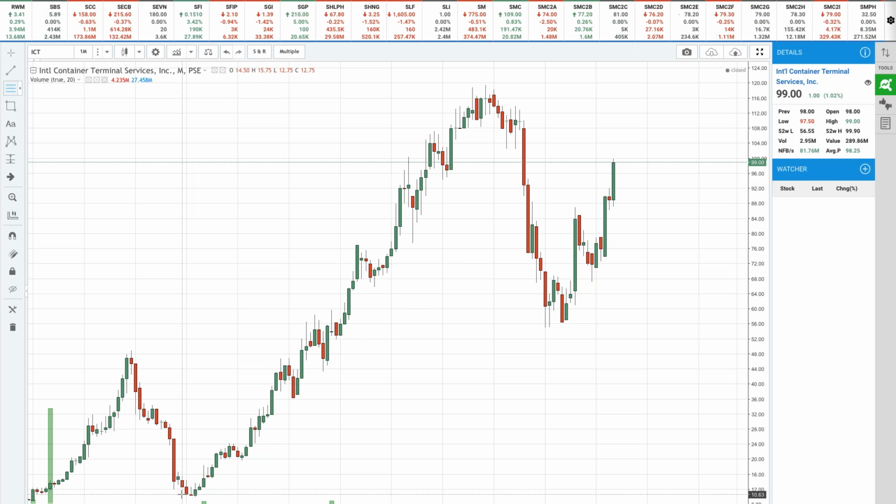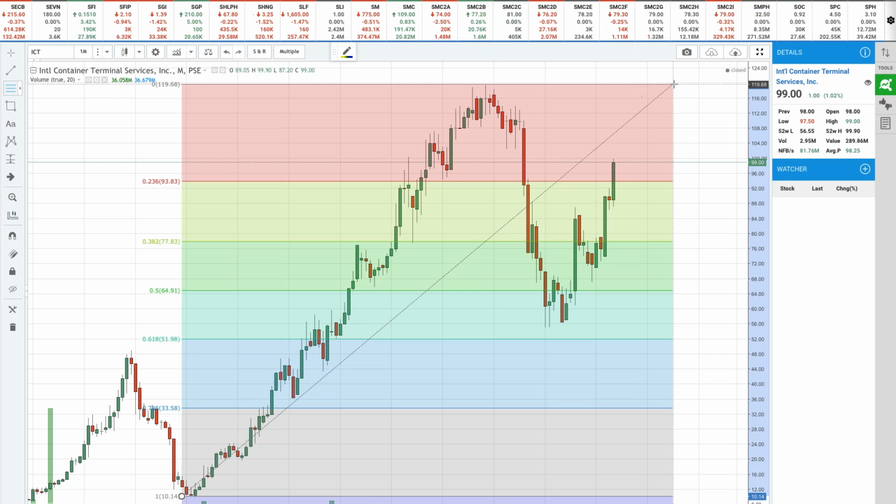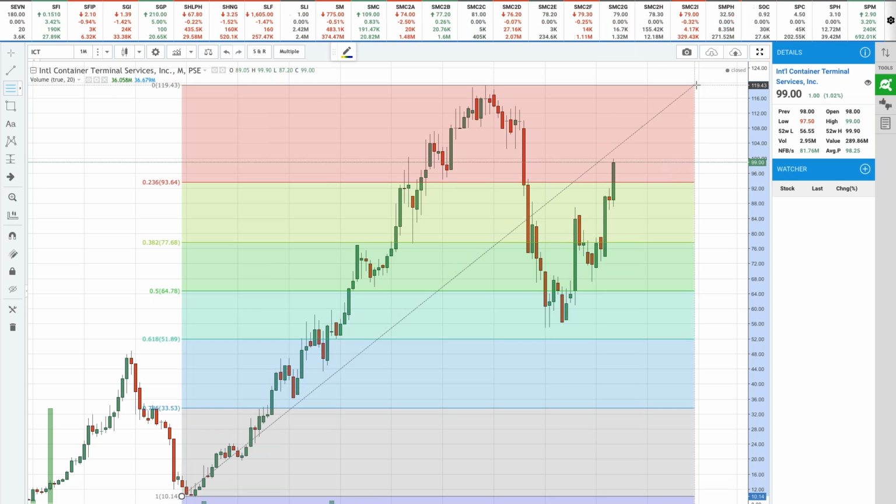Price is dropping, you want to know where to pick it up. So you plot the Fibonacci from the left to the right, from the price low to the price high. You click the Fibonacci retracement tool here, drag from the left to the right. You get the low, drag it to the high, extend it like so.